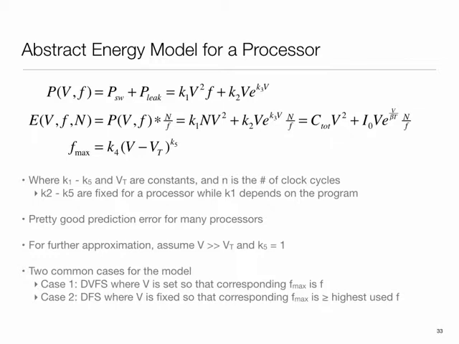Going back out here, so my high-level model is like this. Okay, so we have basically taken all those alphas and Cs and reduced them down to the basic essence. And then essentially the problem boils down to that I have to fit this model into whatever task I'm doing on the processor. So let's say I'm running this processor on a program which takes n clock cycles to run.